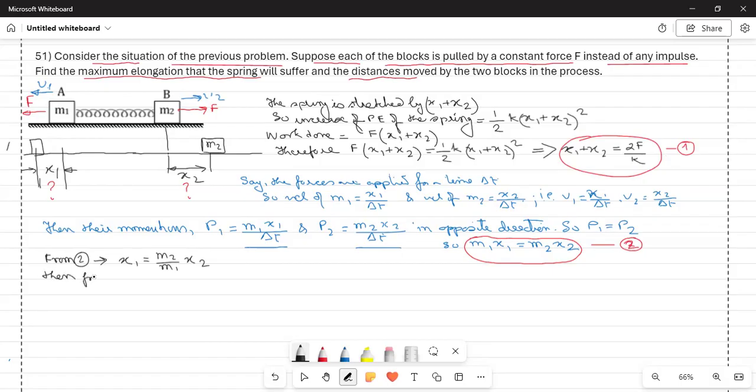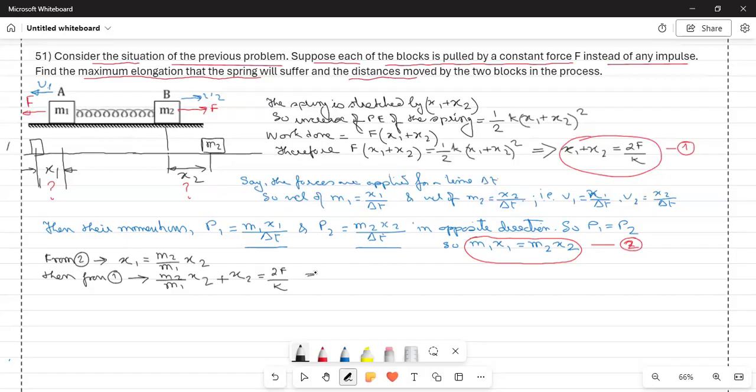Then we go to relation 1. From relation 1, what we get: x1 is m2 by m1 x2, plus we have another x2, is equal to 2F by k.